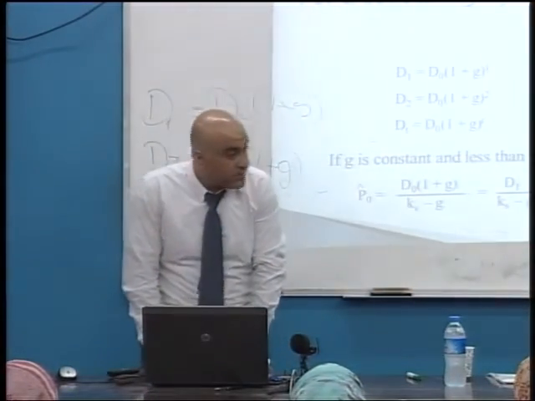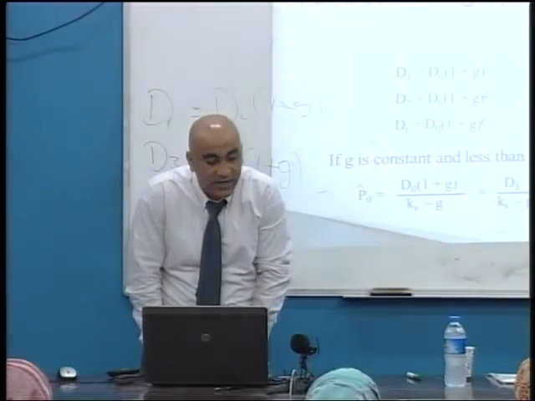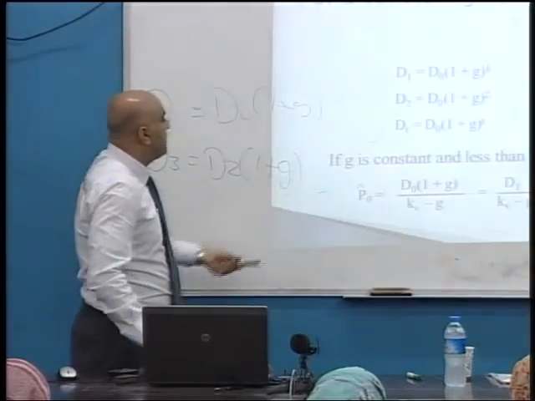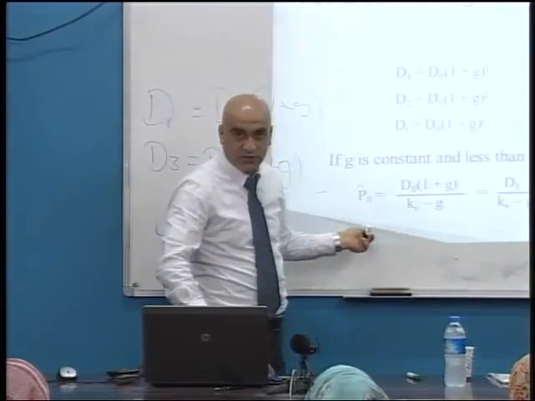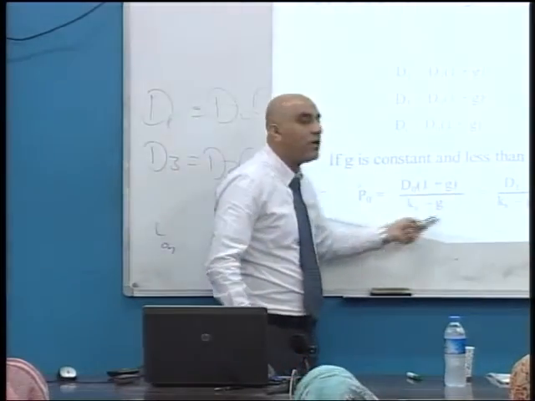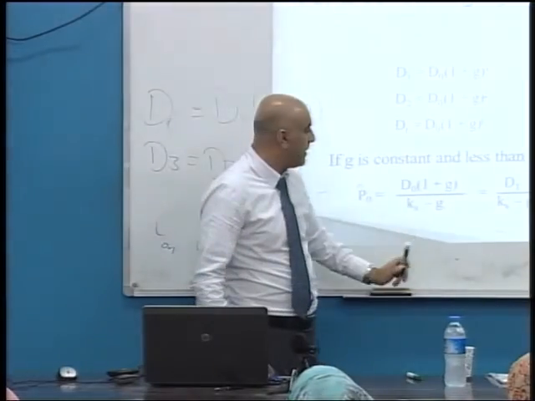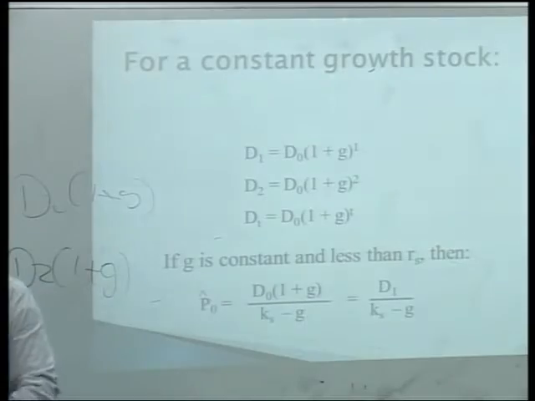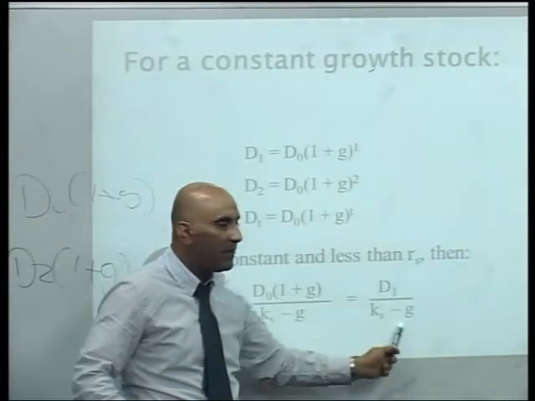Then if G is constant and less than Ks or Rs, the required rate of return, then the formula is like this. The initial price, which is today, is equal to D1, this is D0 times 1 plus G, divided by the required rate of return minus G. Okay? Then you have D1 over Ks minus G.